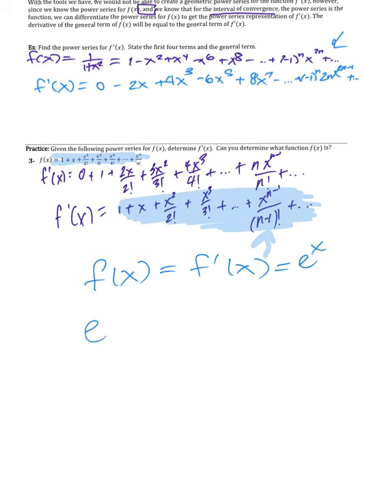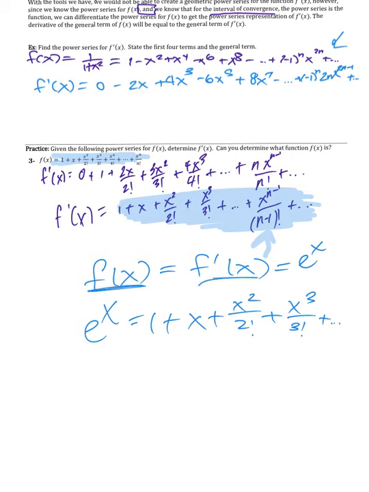What we're saying is that e to the x is actually equal to this series. That we could represent something as weird looking as e as something that almost looks like a polynomial. And the reason that we know that we can do that is because the original function and its derivative are equal. And that is super duper cool.